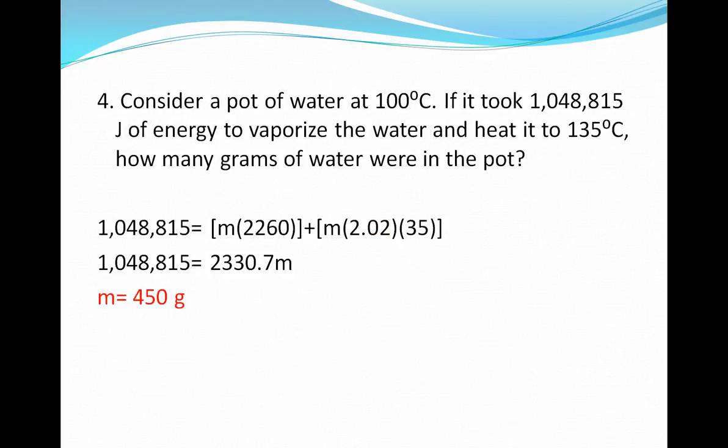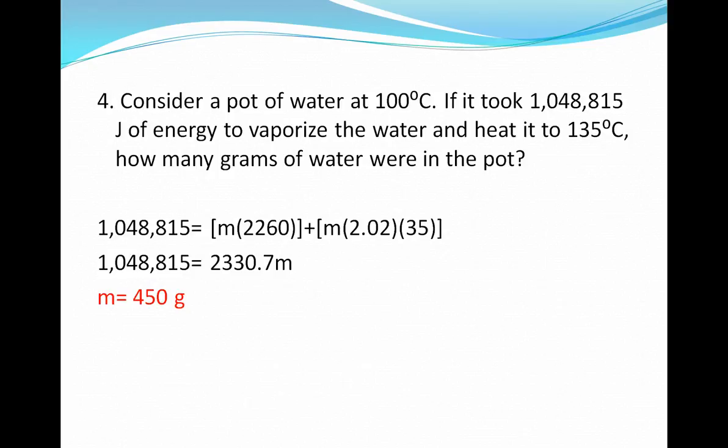Question 4 says, consider a pot of water at 100 degrees Celsius. If it took 1,048,815 joules of energy to vaporize the water and heat it to 135 degrees Celsius, how many grams of water were in the pot? Okay, so this is Q equals mc delta T and Q equals m delta H. So because it's vaporizing, it's 2,260 times the mass, so that's in the first bracket.